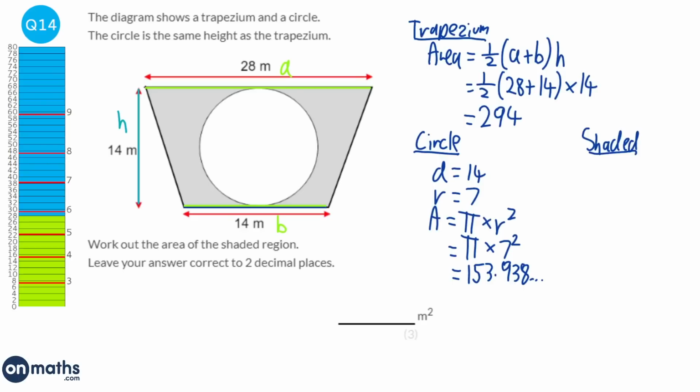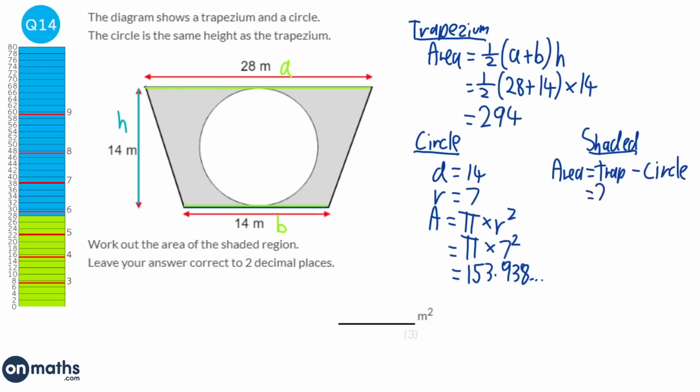It says we want to work out the area of the shaded region. So the area will be the total area, which will be the trapezium, take away the area that we don't want, which is this bit here, which will be the circle.